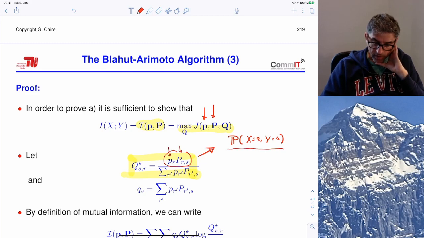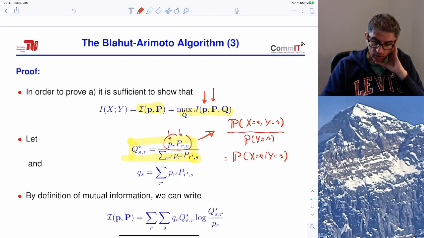And then the denominator, when we sum over all r's, this is simply P of y equal to S. So this effectively is P of x equal to r given y equal to S.